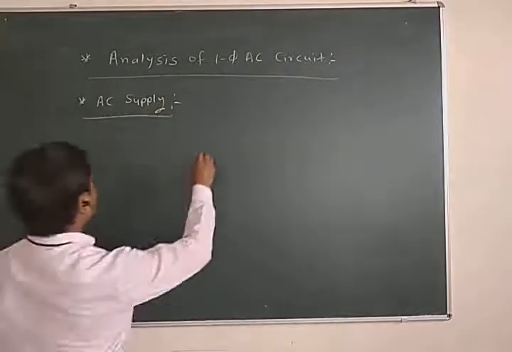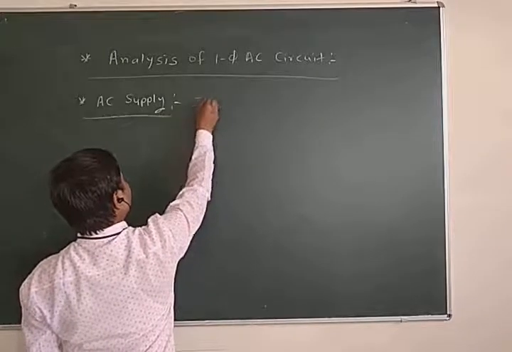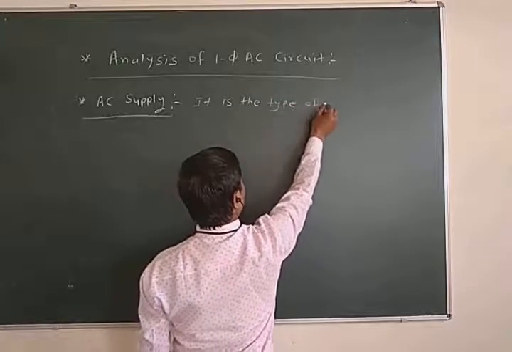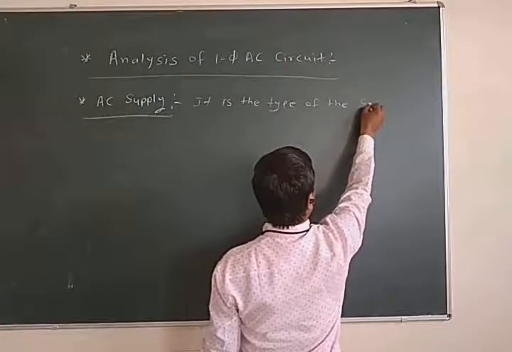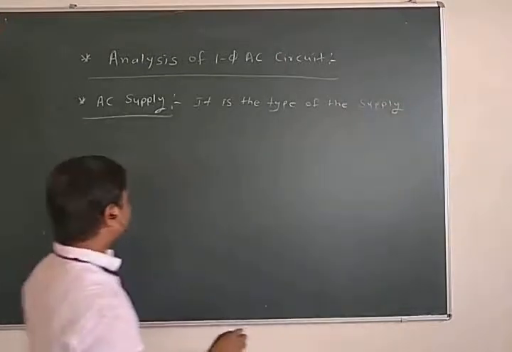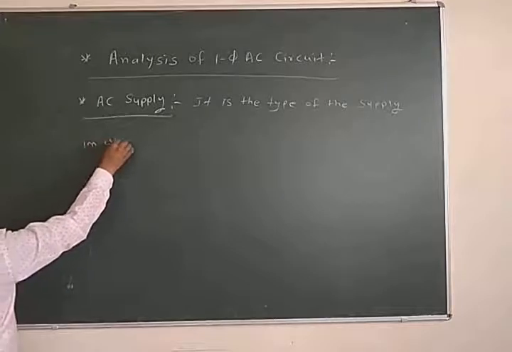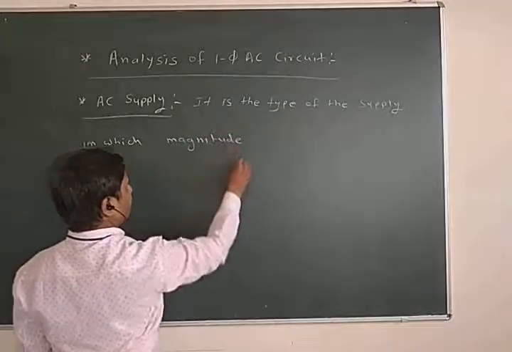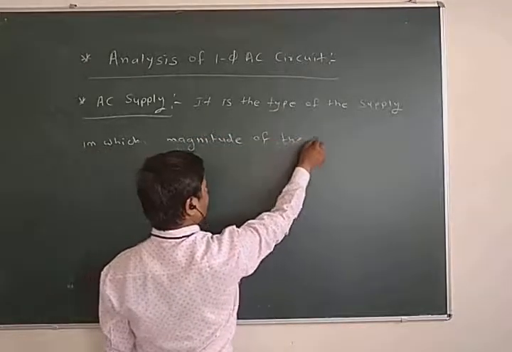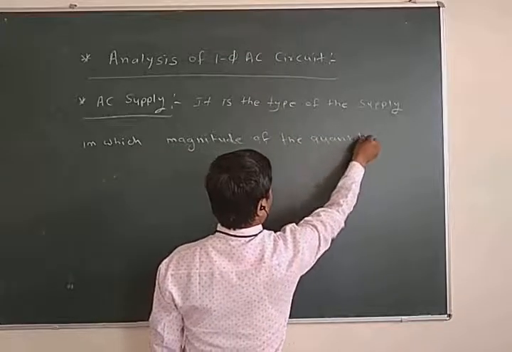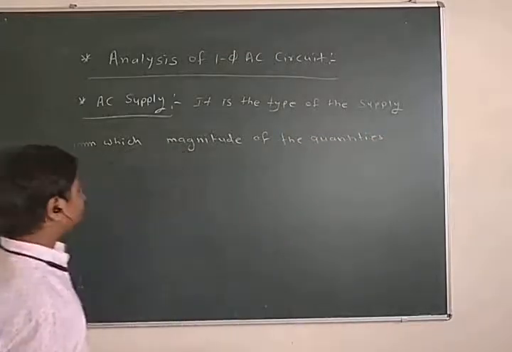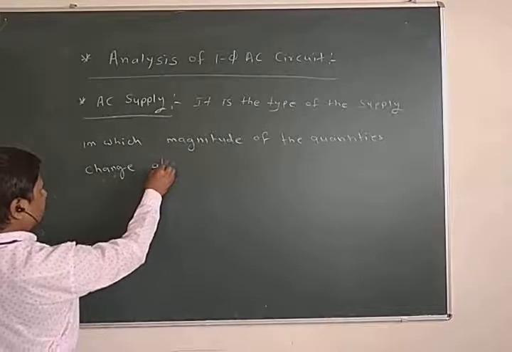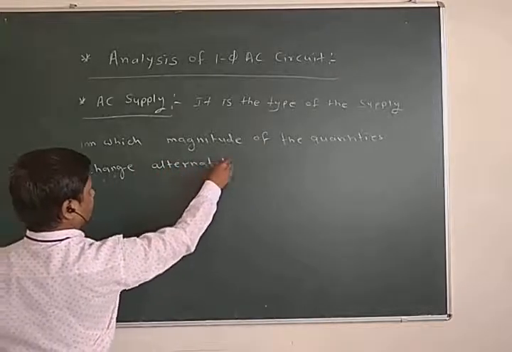So we can say that it is the type of supply in which the magnitude of the quantities changes with respect to time, changes alternately with time.